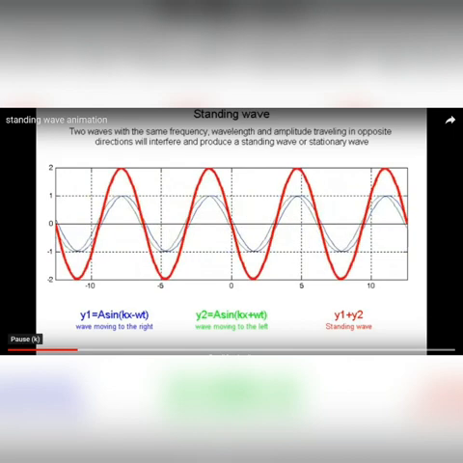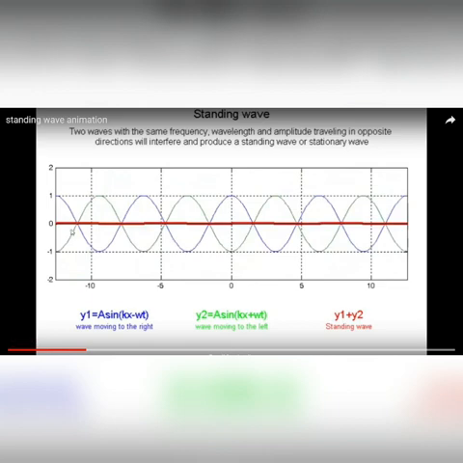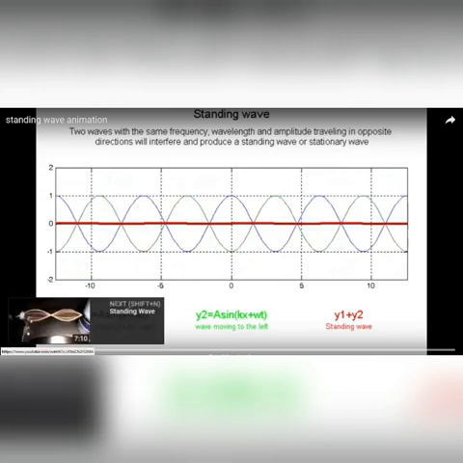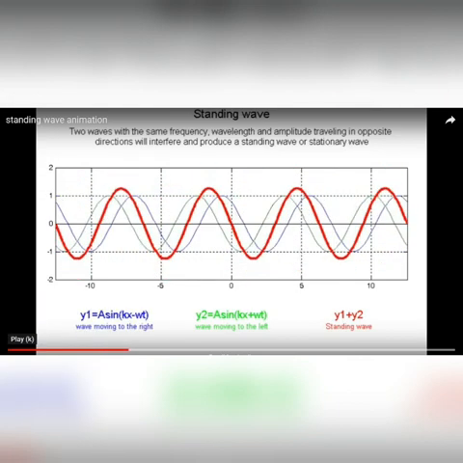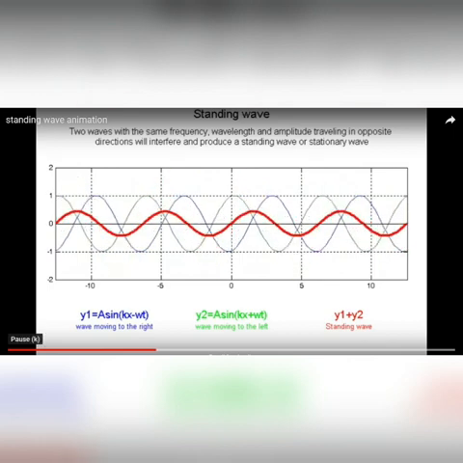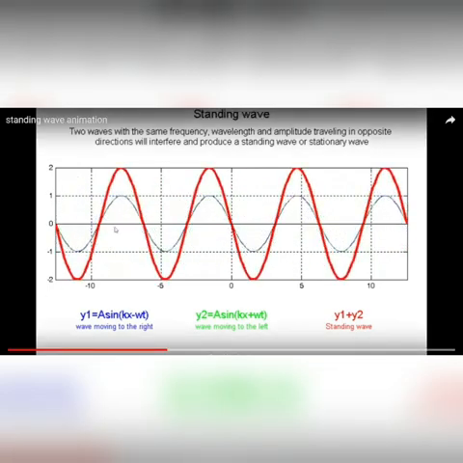We can see here, there will be times when the superposition results in zero displacement. But there will be times when the amplitude is maximum. Here, this is where the amplitude is maximum.